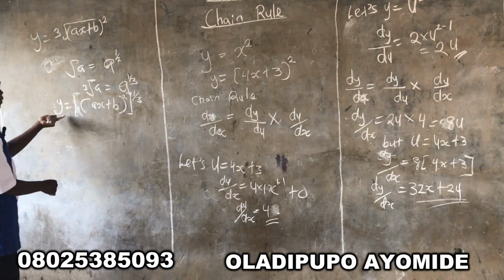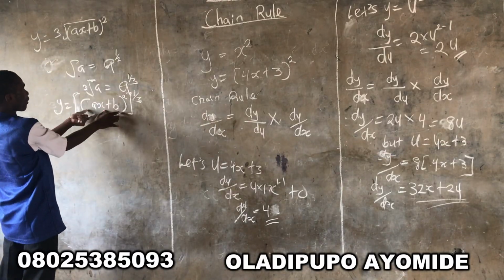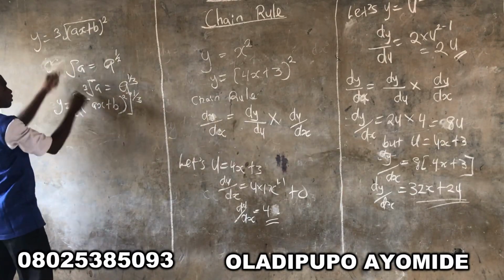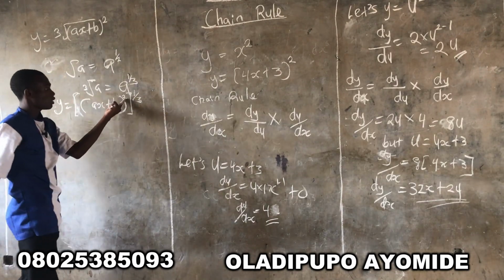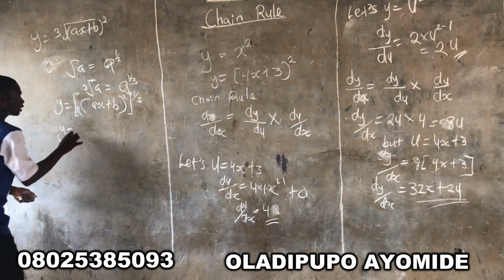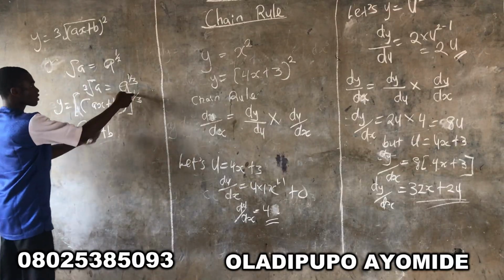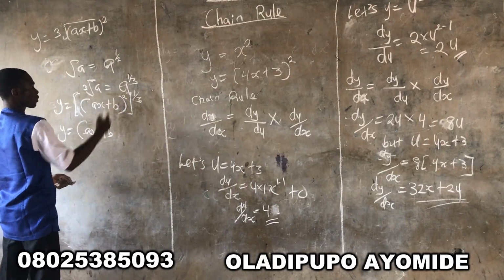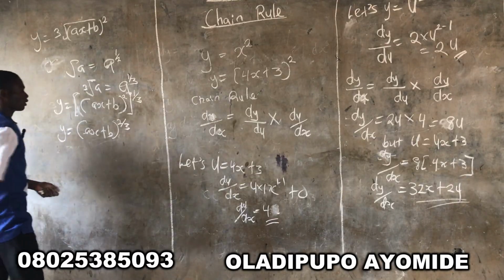So we can say y is equal to this, where these are our coefficients of a, and 1 over 3 bracket has 2 here. Then y is equal to the bracket ax plus b, and since this is multiplication, 2 times 1 is 2, which is 2 over 3.